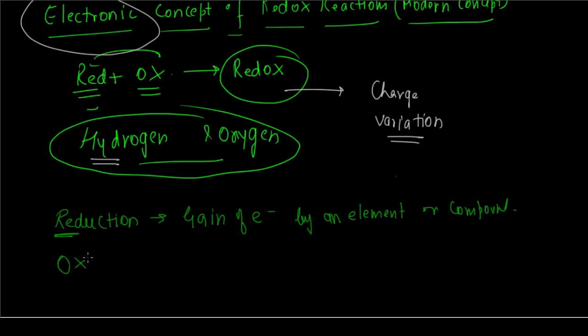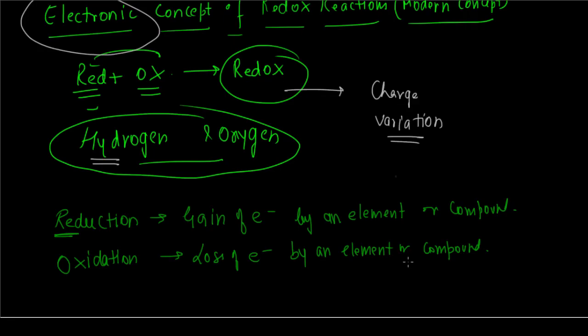And oxidation was defined as the exact opposite. You can guess it now. Loss of electrons by an element or compound. Right? So this is how we defined oxidation and reduction. Going away from the classical theory based on hydrogen and oxygen, and moving towards a better theory where we can actually explain charge variations also, because electrons are charged particles.